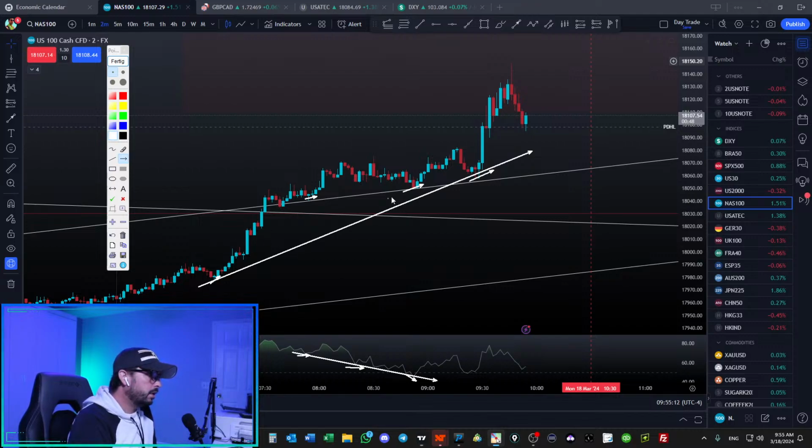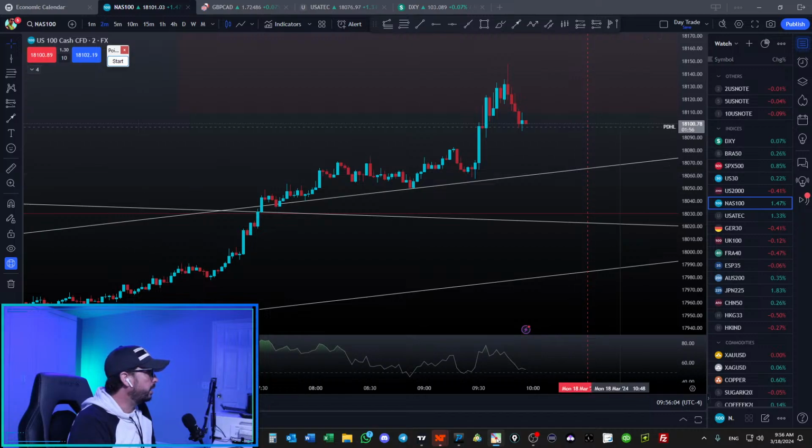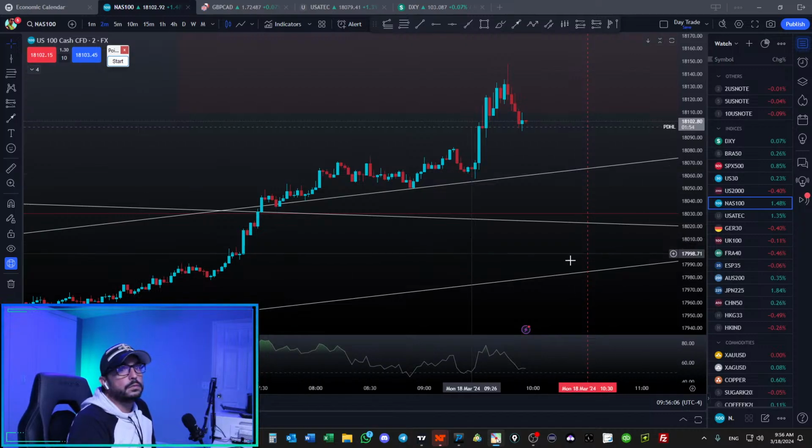So as it's going up, there's a lot more sell pressure than buy pressure on the chart. It could be a signal that the price is getting tired, doesn't want to go up anymore, and wants to reverse. Potentially, it doesn't mean it will do that.